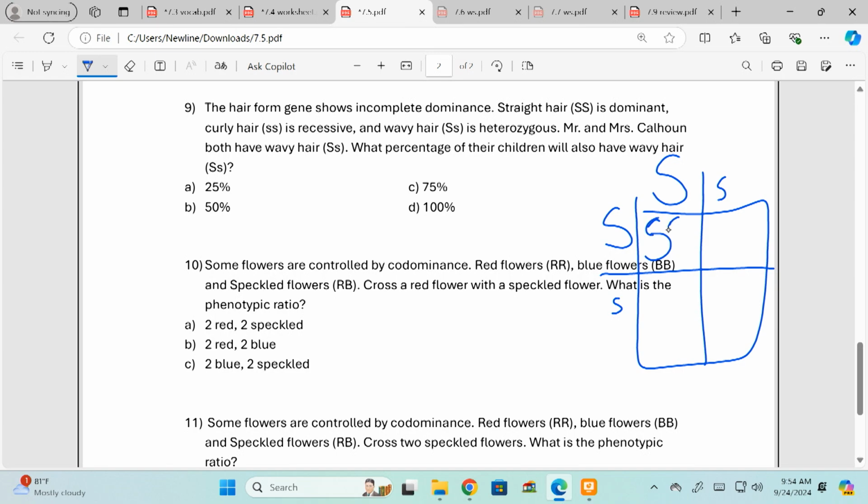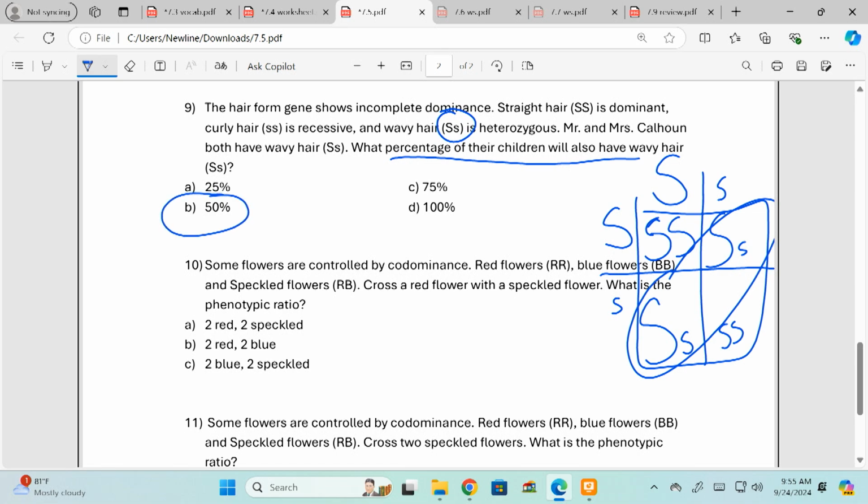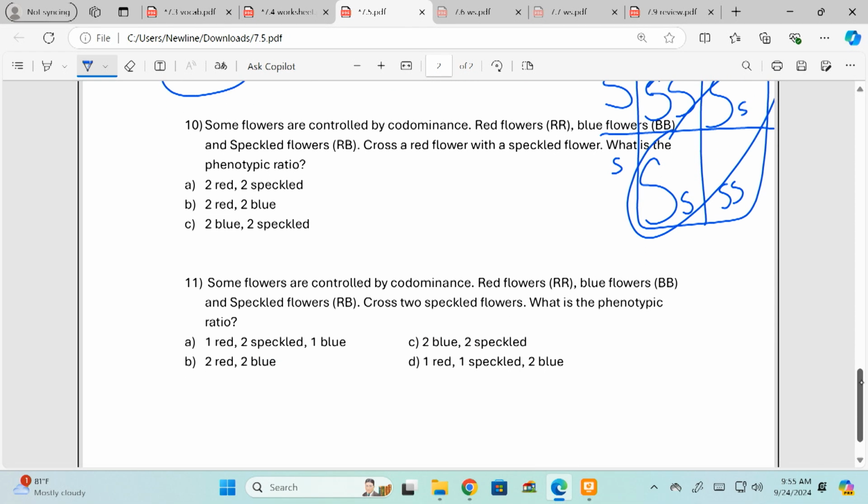This is big S. And it wants to know what percentage of their children will also have wavy hair. Well, remember that this is the wavy hair form. So how many of these are heterozygous? I see the 2 in the middle here are both heterozygous. So for this one, we want to go with 50% because 2 out of the 4 are showing the wavy hair. Okay? Let's keep it going.